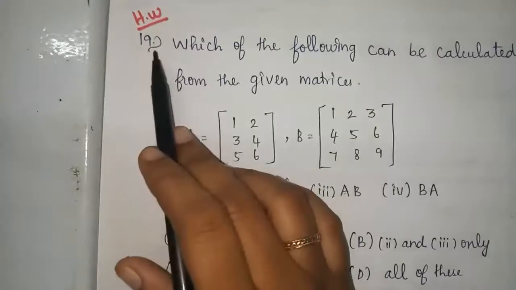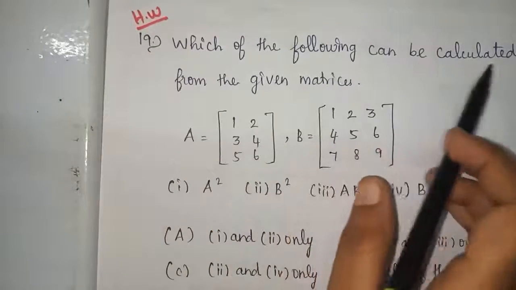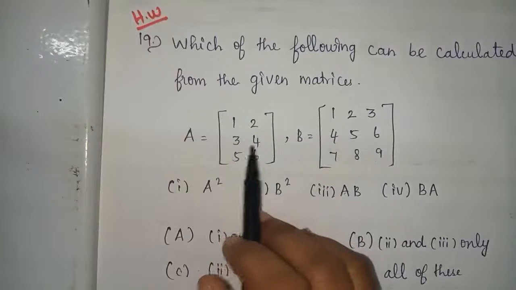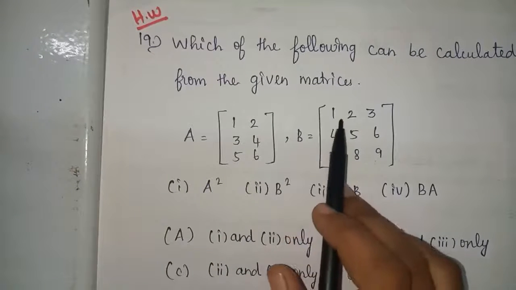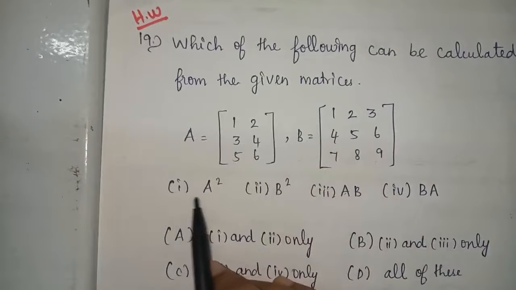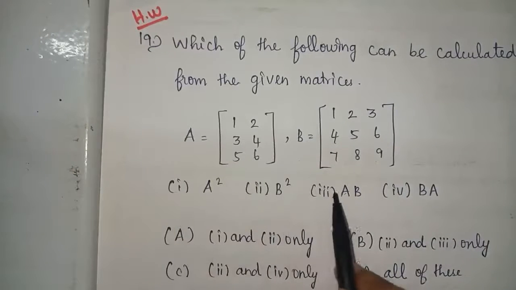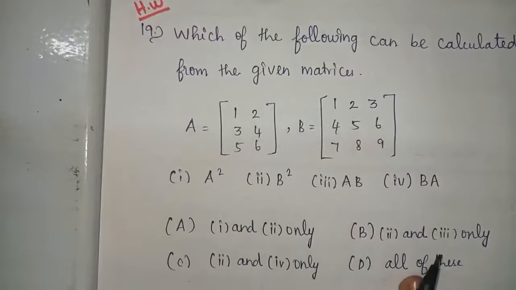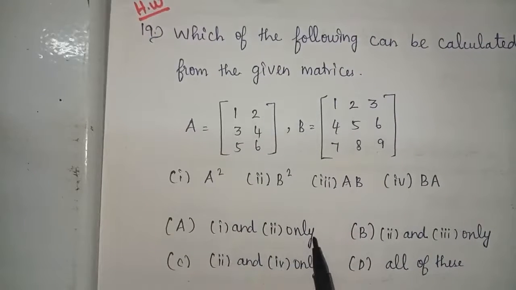Question number 19 is your homework problem. Which of the following can be calculated from the given matrix? A is equal to 1, 2, 3, 4, 5, 6, comma B is equal to 1, 2, 3, 4, 5, 6, 7, 8, 9. First subdivision A square, second subdivision B square, third subdivision AB, and fourth subdivision is BA. So the option A is 1 and 2 only. Option B is 2 and 3 only.